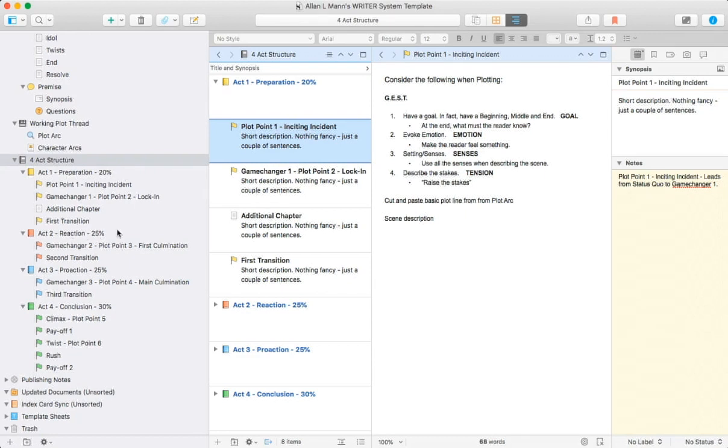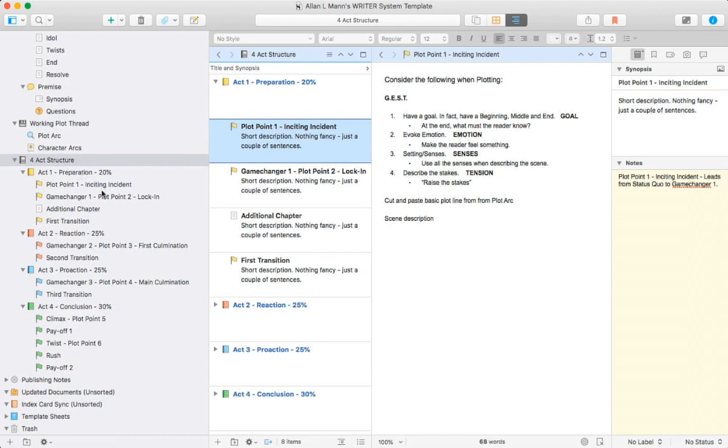The reaction, 25%, proaction 25%, and your conclusion 30%. Again, nothing set in stone with these numbers. This is a place to start, and you let your creativity run riot all the way through this.